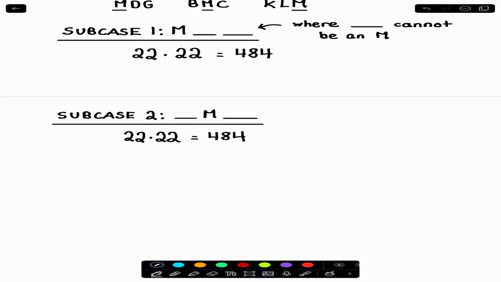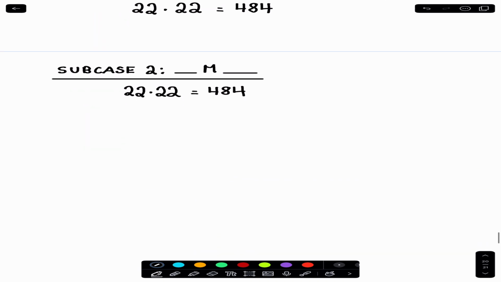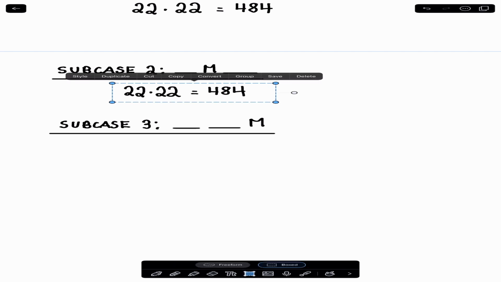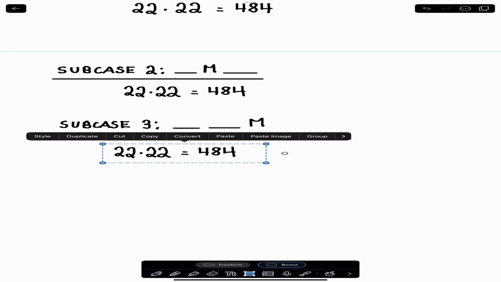So this is still 484 words of this form. And you guessed it, the last subcase looks something like this. So this time the M is at the end, but it's the same computation, so I'm just going to paste that there.